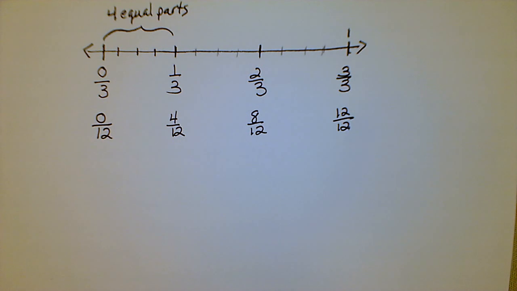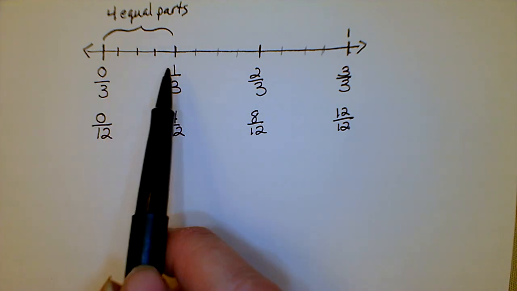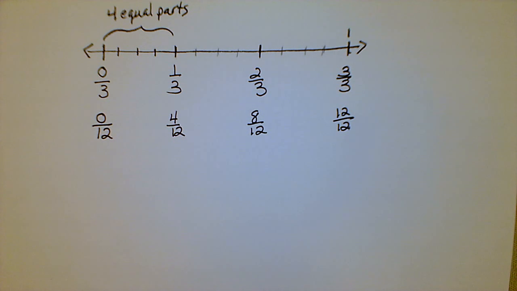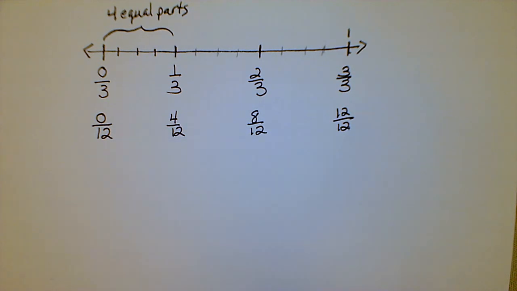So now let's show what we did using a number sentence. If I wanted to show that we took this third and then we decomposed it into 4 12ths, let's go ahead and show that number sentence. And again, when we're decomposing, when we're making more pieces, we're going to multiply because we're making more pieces.